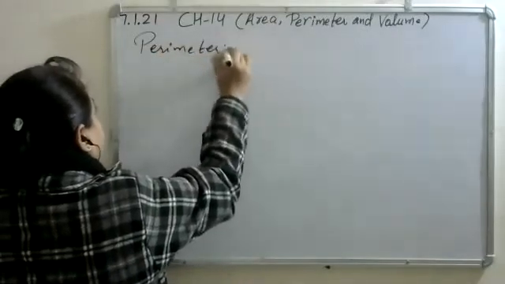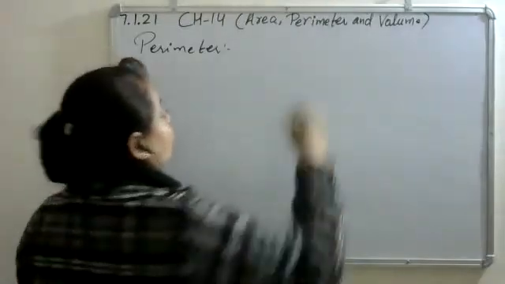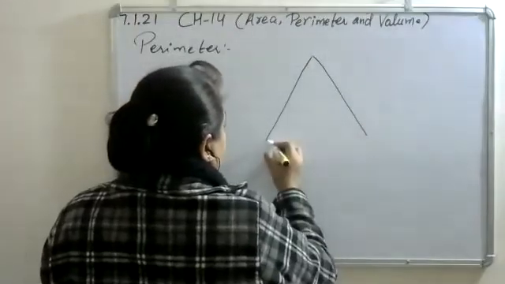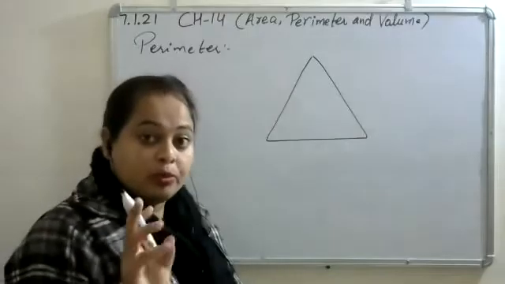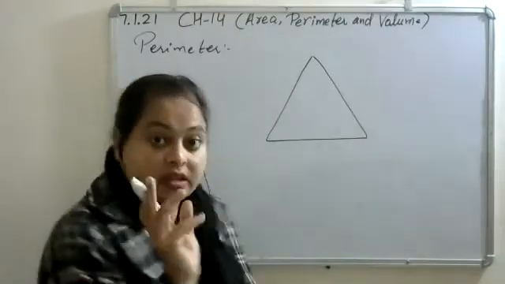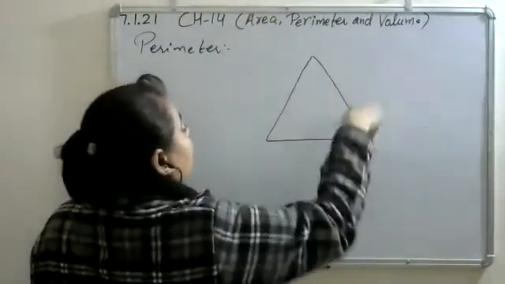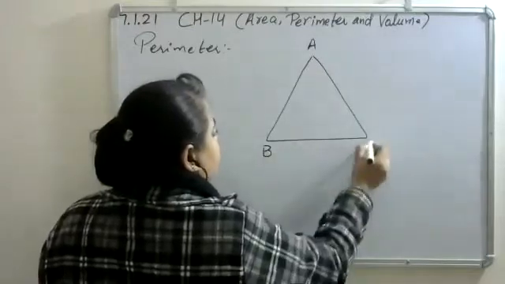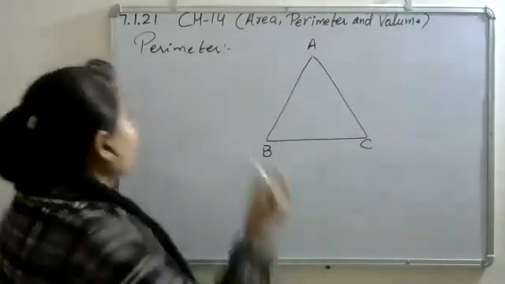Perimeter. Now I am going to draw one triangle. You will not write anything, only put your concentration on understanding the concept. Now the name of this triangle is, let us suppose, ABC. Now what is perimeter?